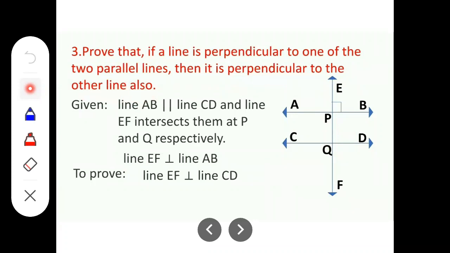It is proved here. Whatever I just explained along with the diagram should be written in proof form. This is only the oral explanation. Yesterday I told you that if they ask you to prove in any example, then you have to write in theorem form: write given, write to prove, and then write proof.